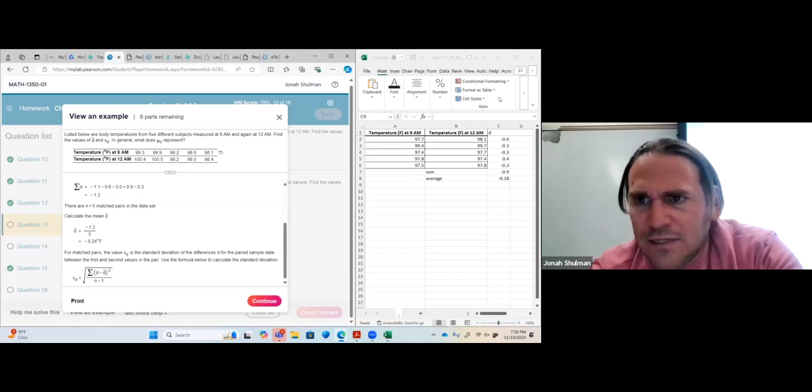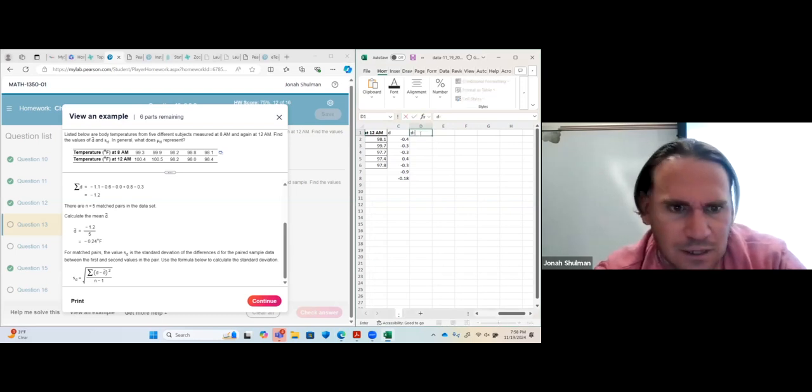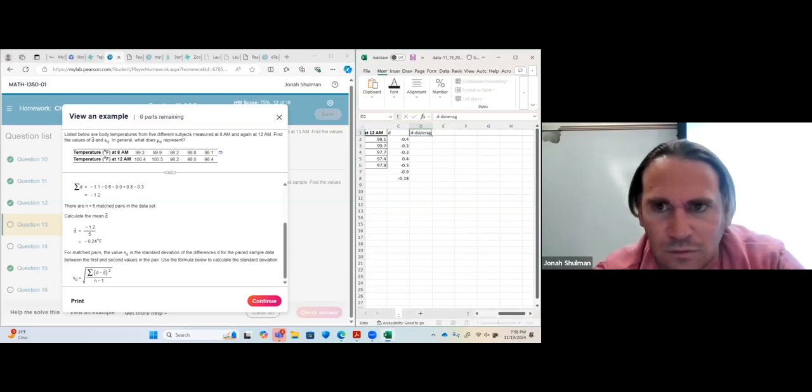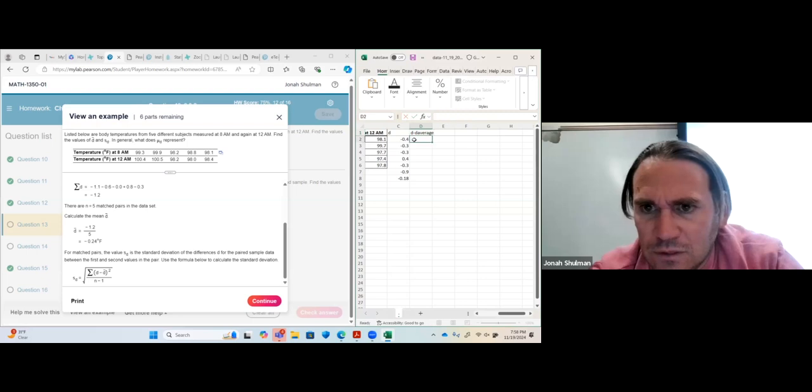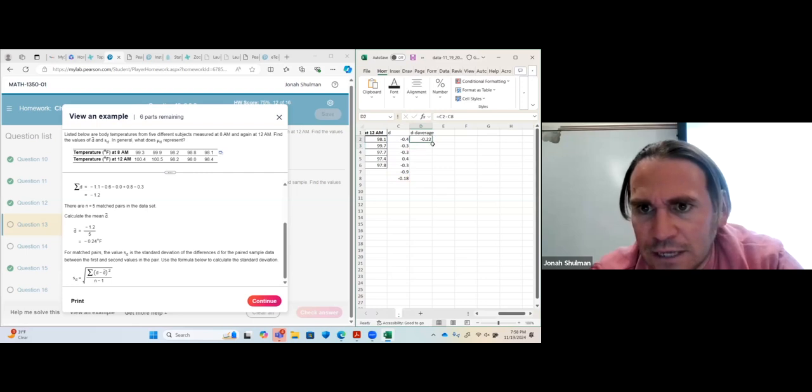Basically, we have to take each one of these and subtract the average from it. So this is going to be your D minus D average. So all I have to do is do equals this minus the average and drag it down.